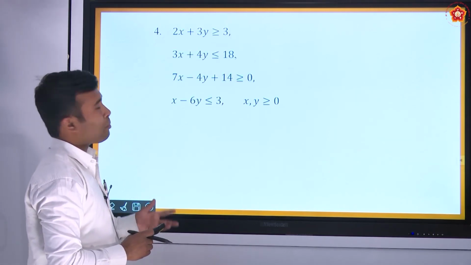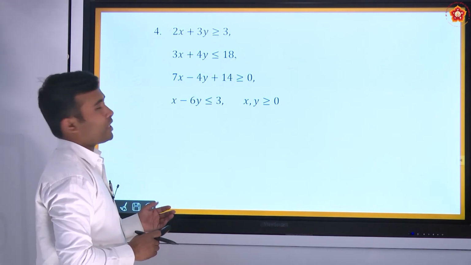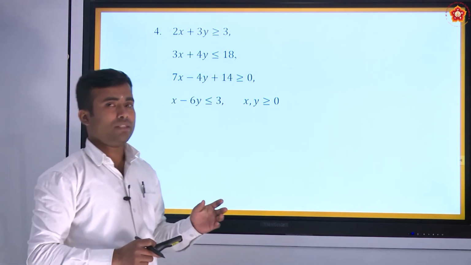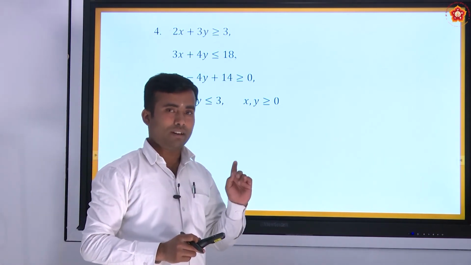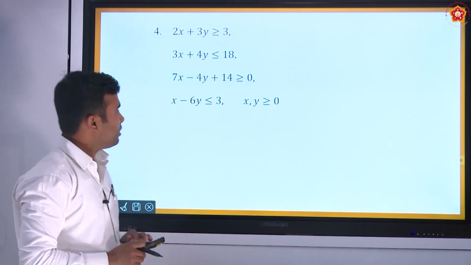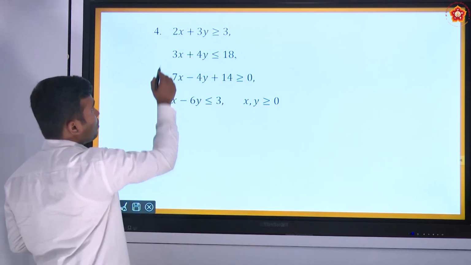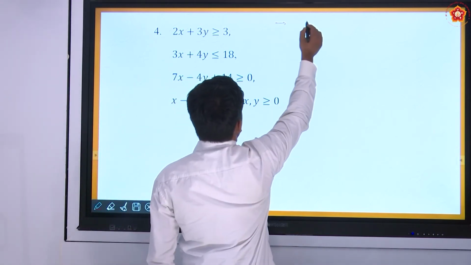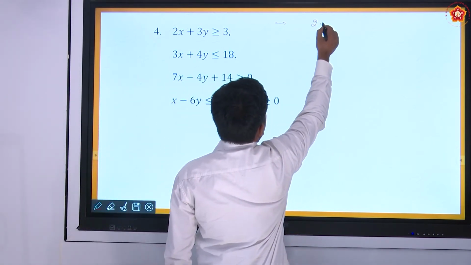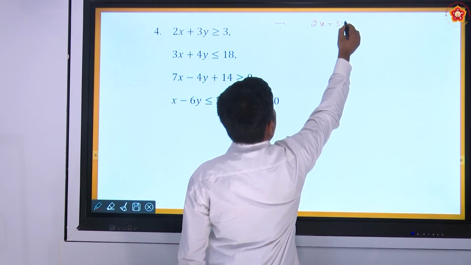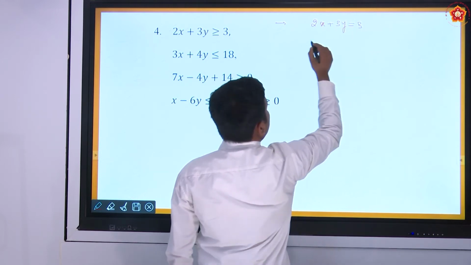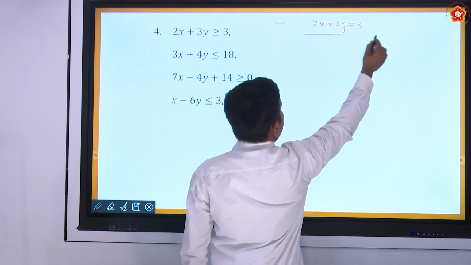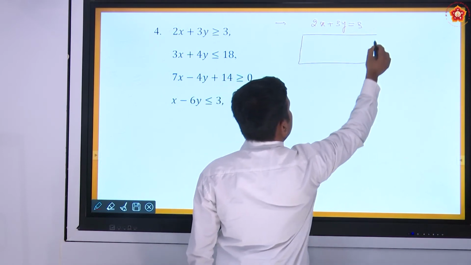Here, how many inequalities are there? There are 4, so we must have 4 lines in the xy plane. For the first one, I will write 2x plus 3y is equal to 3, and now let us find points for this.